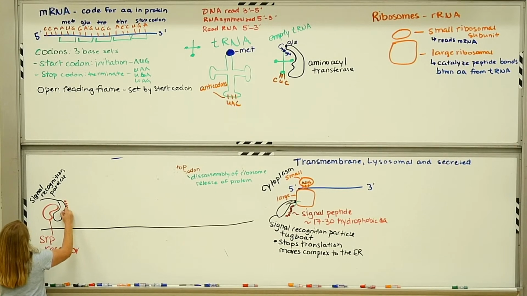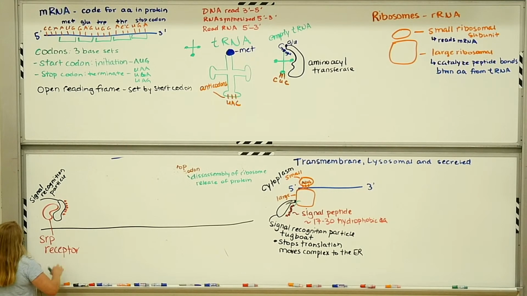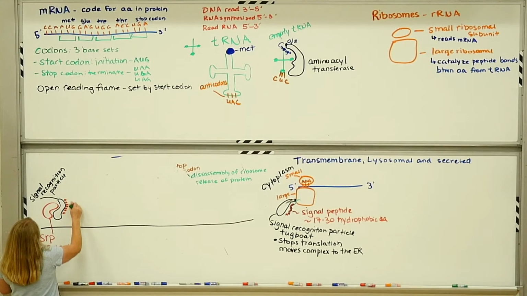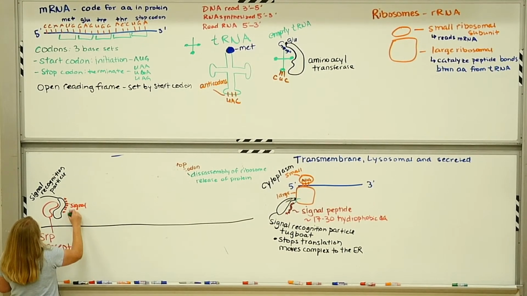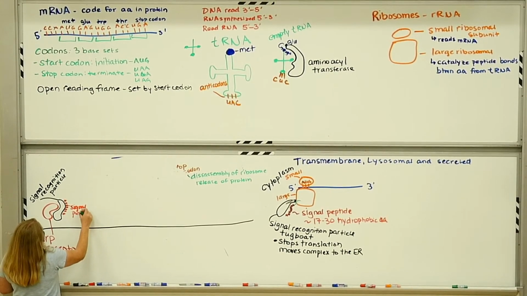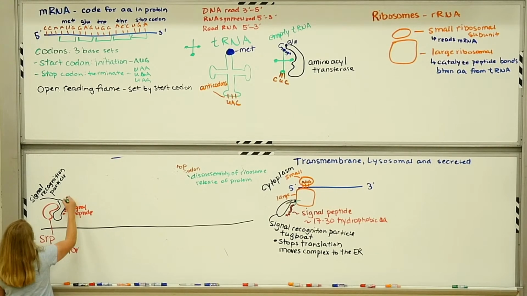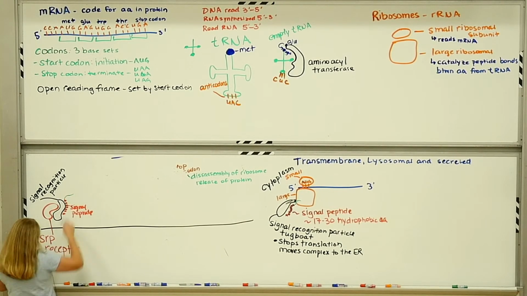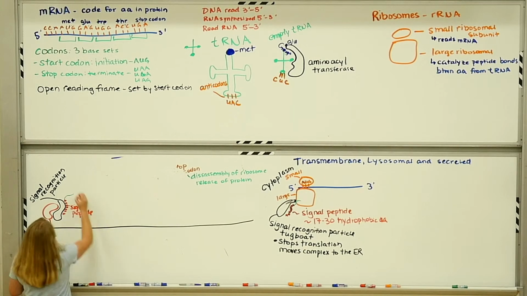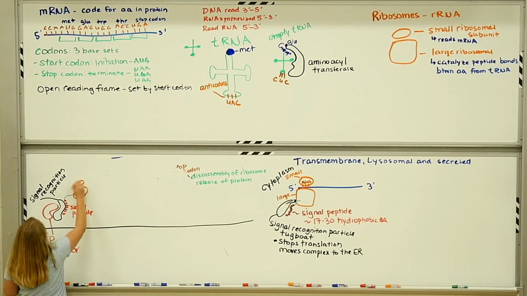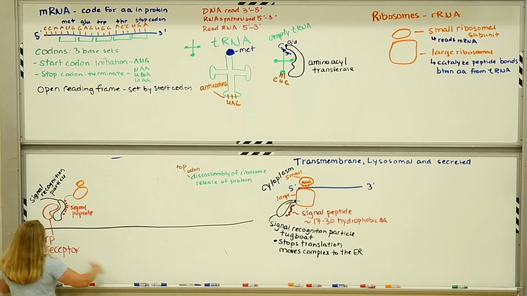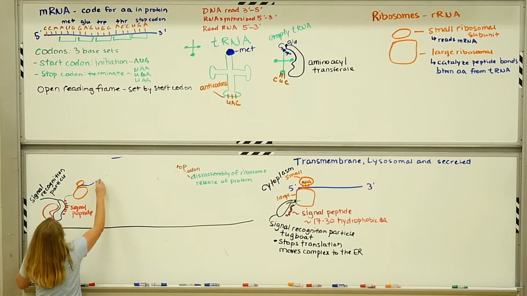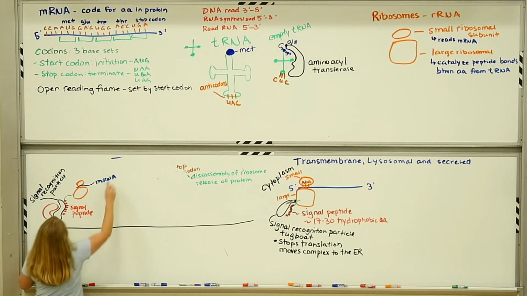which was 17 to 30 amino acids. And that's going to be attached to the rest of the protein it's making coming out of a ribosome. Okay.